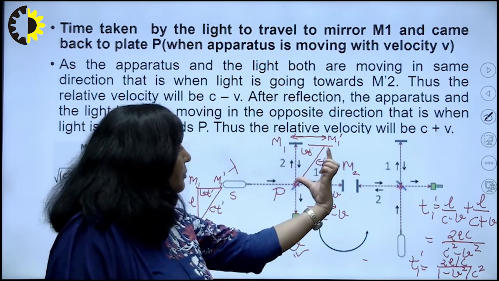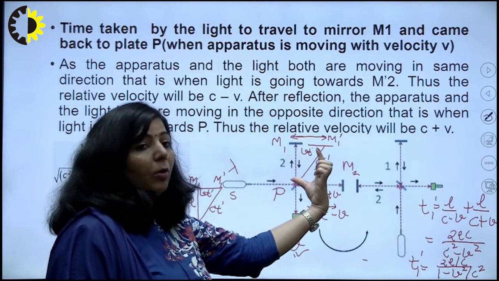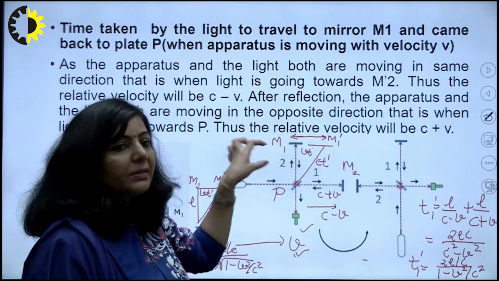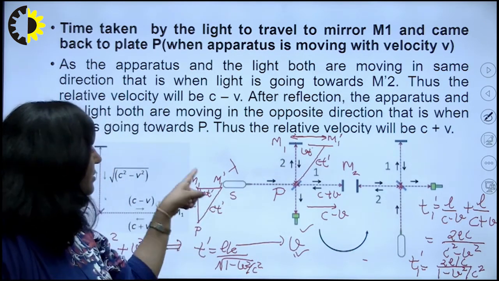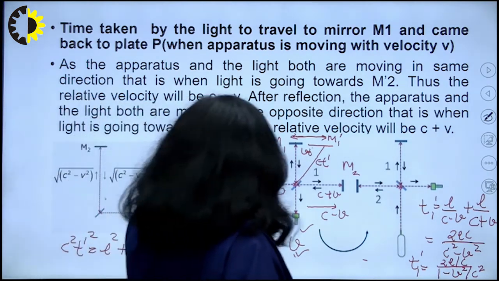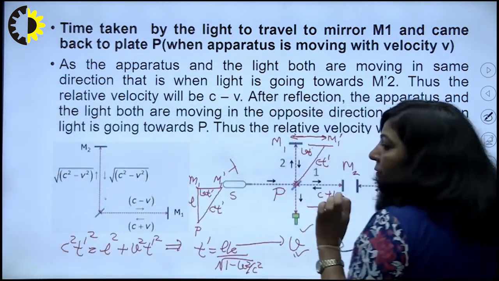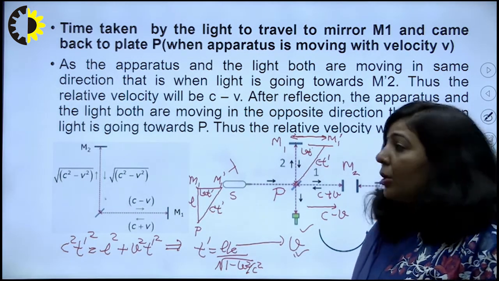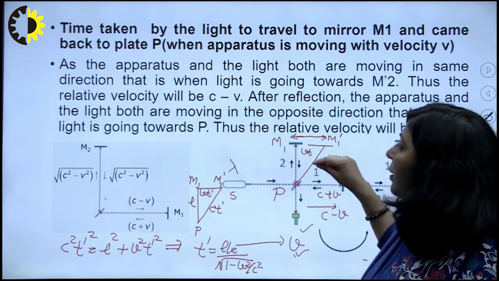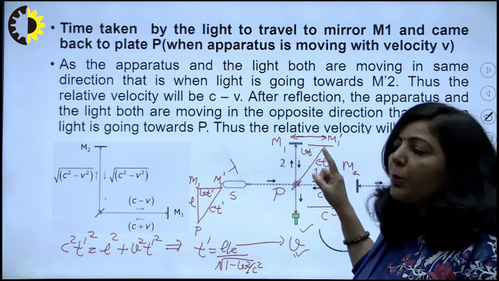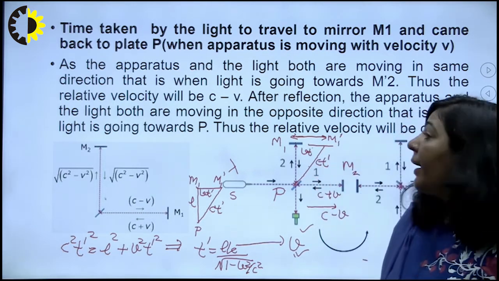This length or optical path is Ct dash, and this you know already, it is L. So now you have this right angle triangle, and using Pythagoras theorem we can find the value of t dash. So your t dash is equal to this. So t dash is the time for the forward journey, meaning from glass plate to mirror M1.